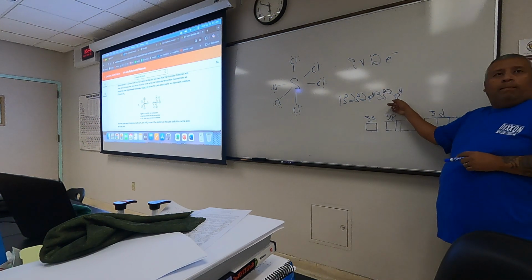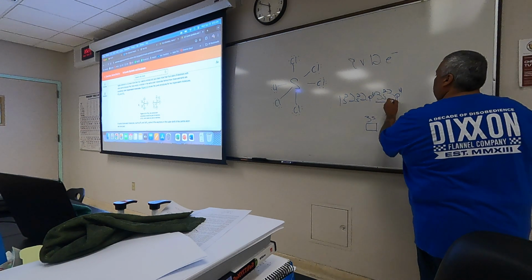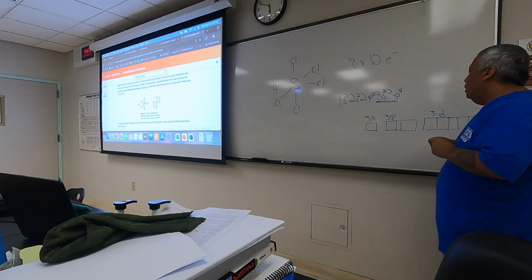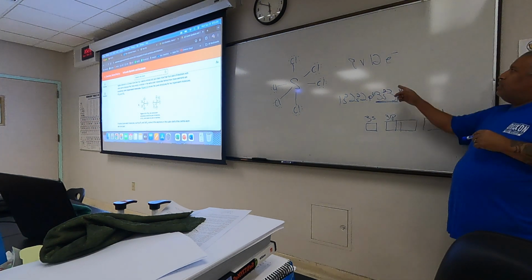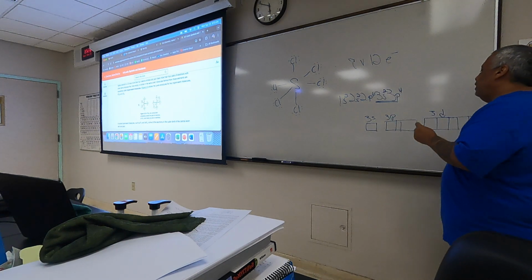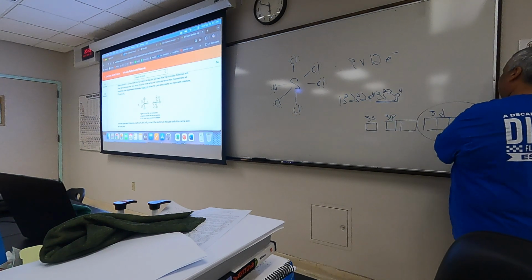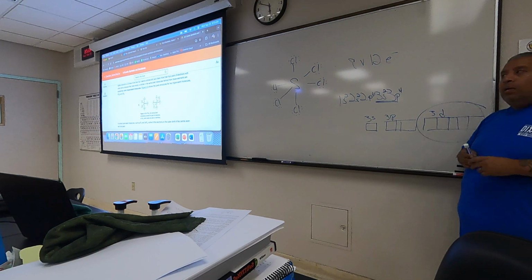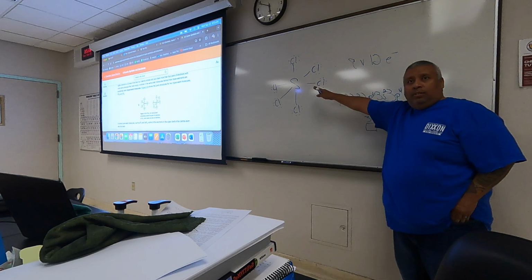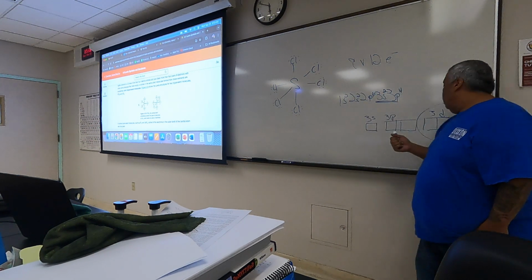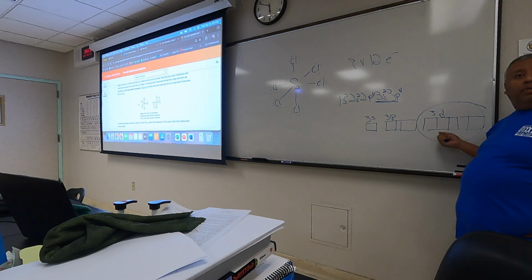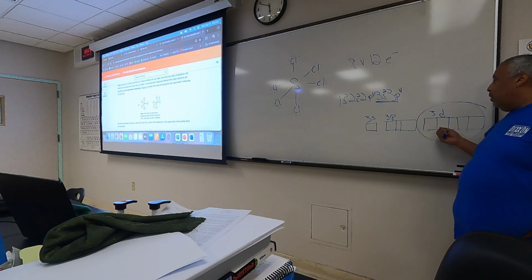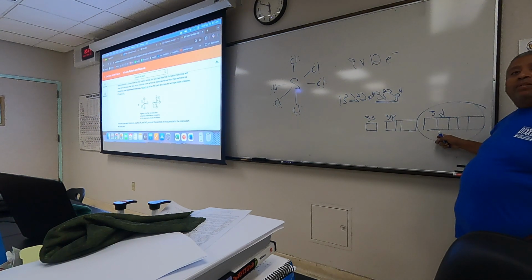For sulfur, the reason we can put 12 into sulfur is because sulfur has access to the d subshell. So given enough electrons around sulfur, there's room to put those electrons elsewhere, which would be the 3d subshell.